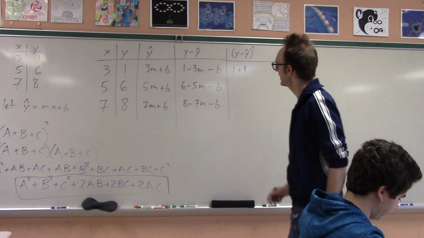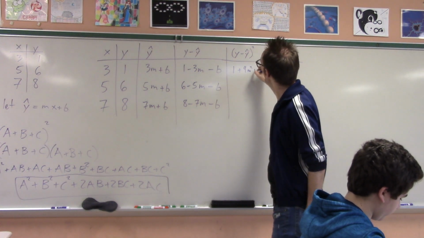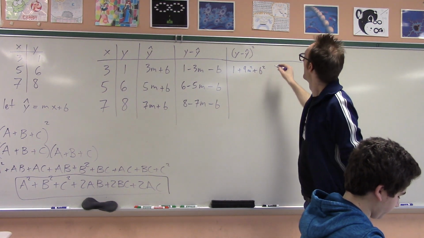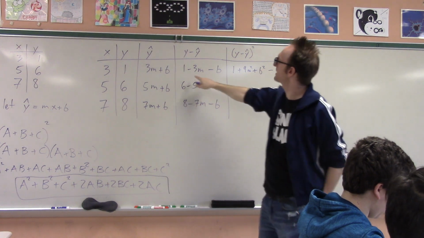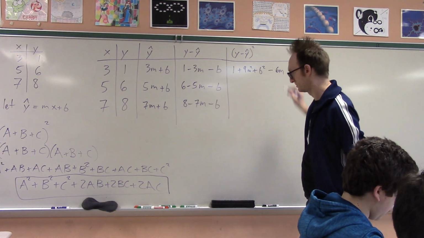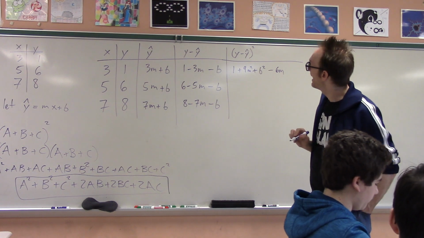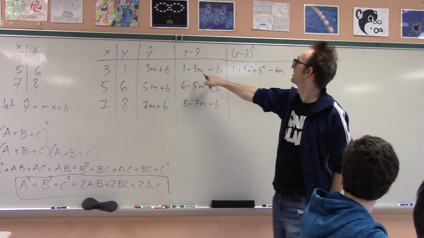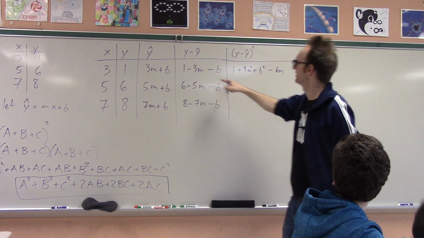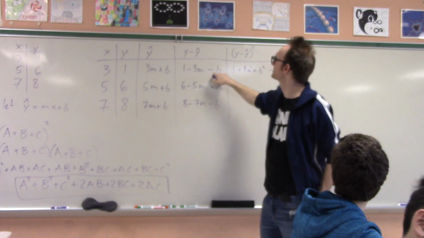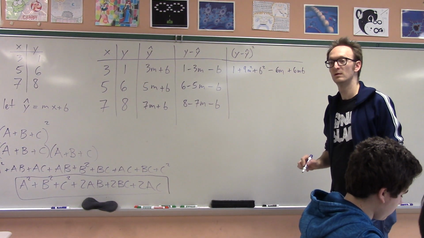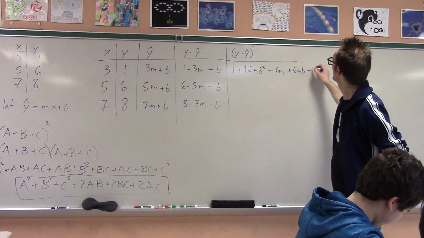Okay, so you get 1 plus 9m squared plus b squared minus 2 times that, right? So minus 6m, but then minus this times this, or sorry, just 2 times this, so plus 6mb, and then minus 2b.